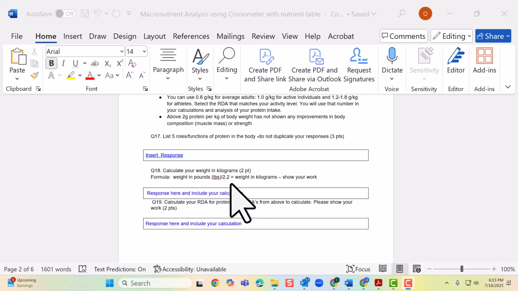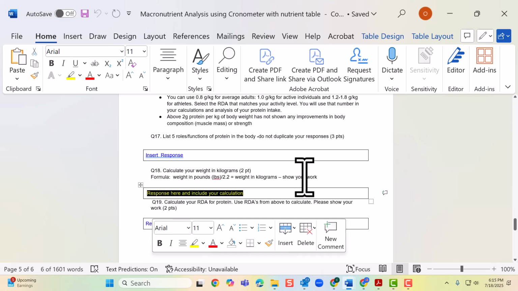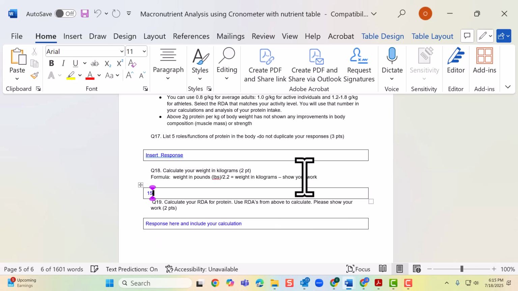The formula is your weight in pounds divided by 2.2. So if I weigh 150 pounds, always put your units, divide by 2.2, and that equals, using my calculator, 68.18 kilograms.